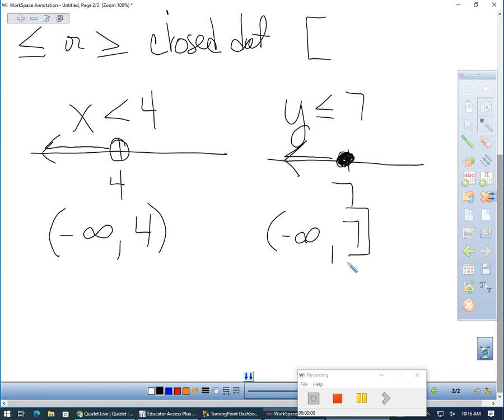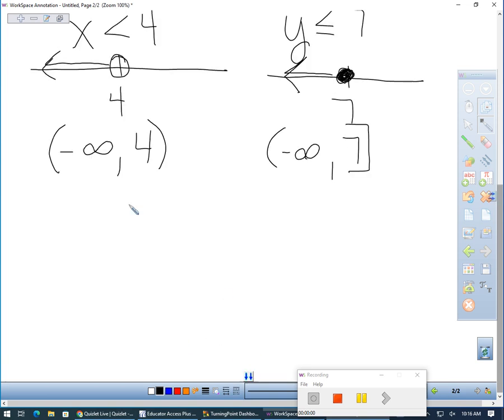Right, because you can never stop on infinity, or -infinity. Since you can't stop on it or include it, it's got to be a parenthesis on infinity no matter what.